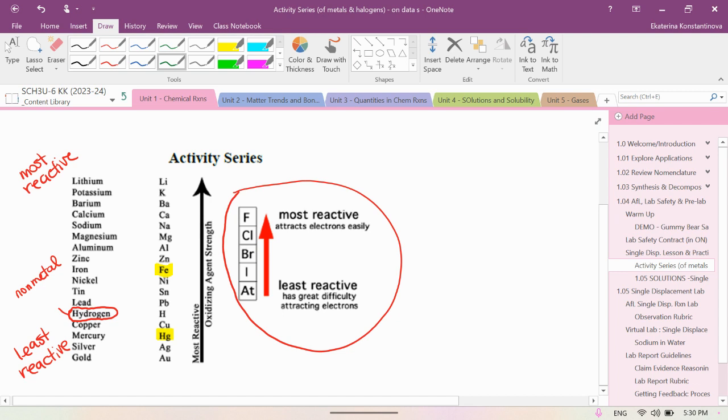However, if it is below the individual metal, it will not displace and no reaction will occur. Similarly, with your halogens, fluorine is the most reactive nonmetal, and therefore it will displace all of the halogens. However, bromine can only displace the two below it, as an example.